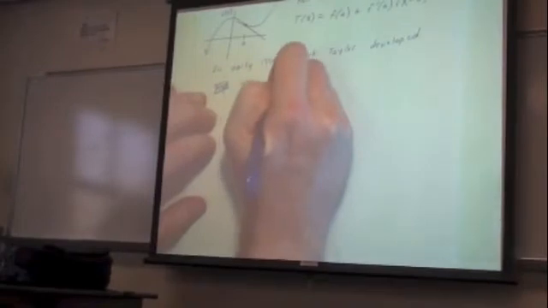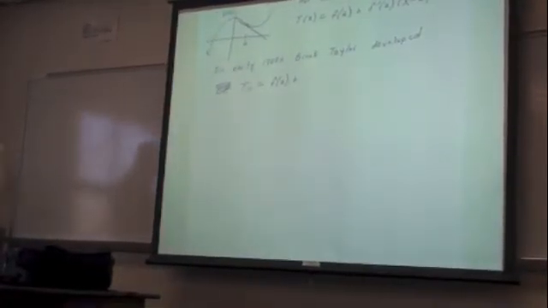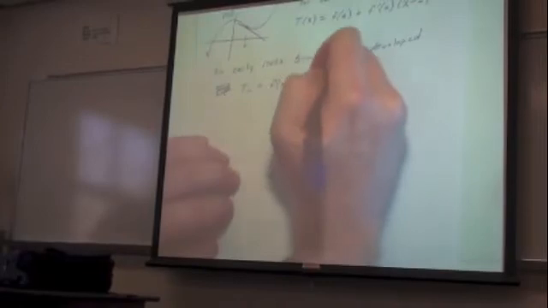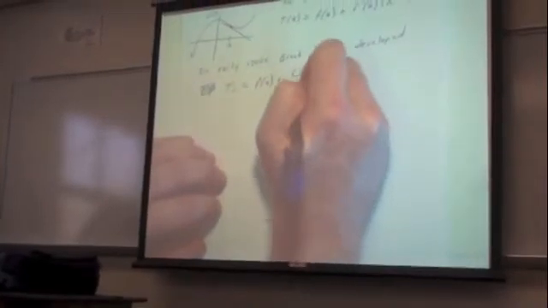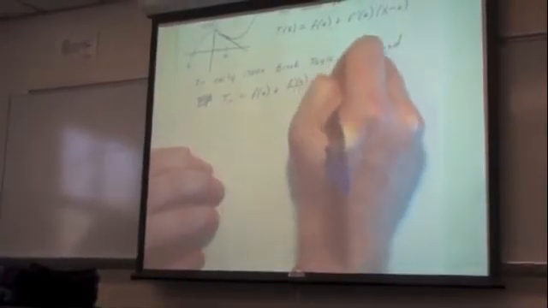So I'll say the nth Taylor polynomial is f of a plus the derivative evaluated at a divided by 1 factorial times x minus a to the first.